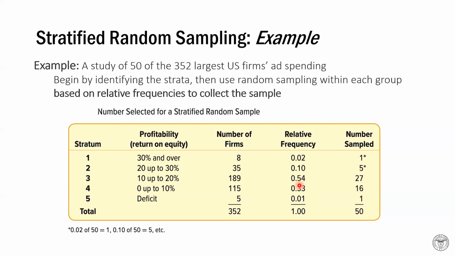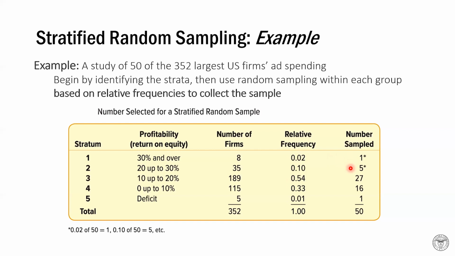Then, based on probability, one firm, or 0.02 times 50, should be randomly selected from stratum 1. We would randomly select 5, or 0.1 times 50, firms from stratum 2.